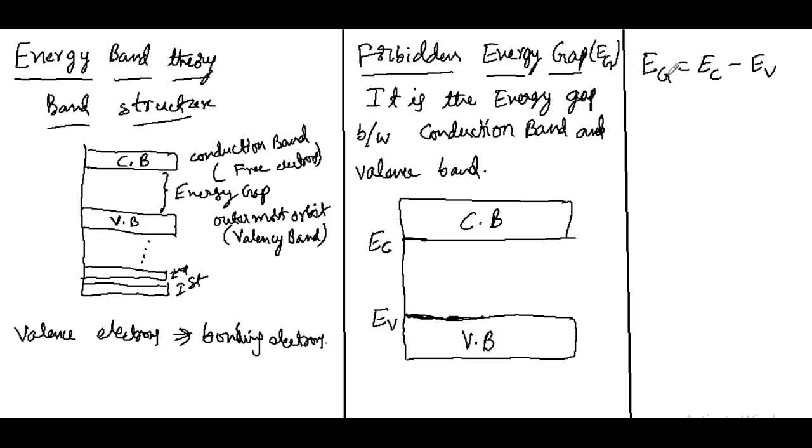This energy gap depends on the atomic number, and it also depends on the temperature. That's why we can write one standard formula: the energy gap of any atom is defined from this equation.